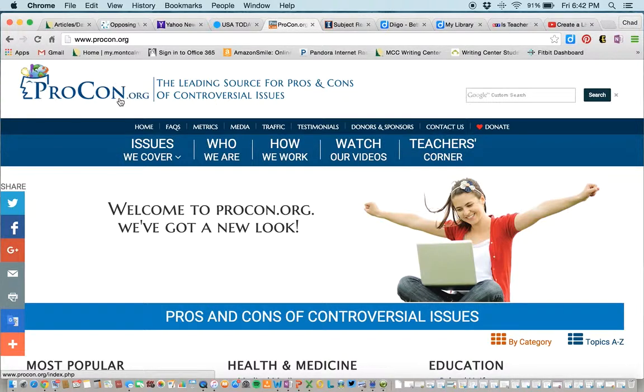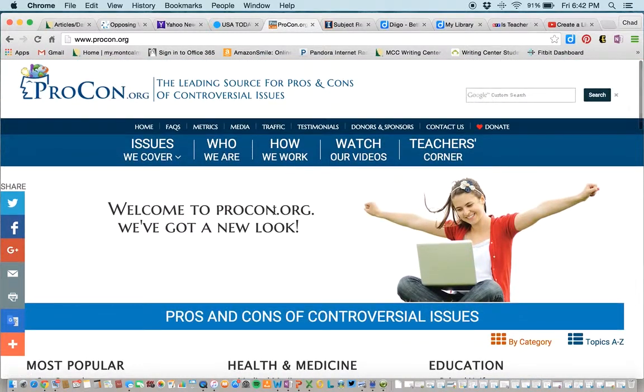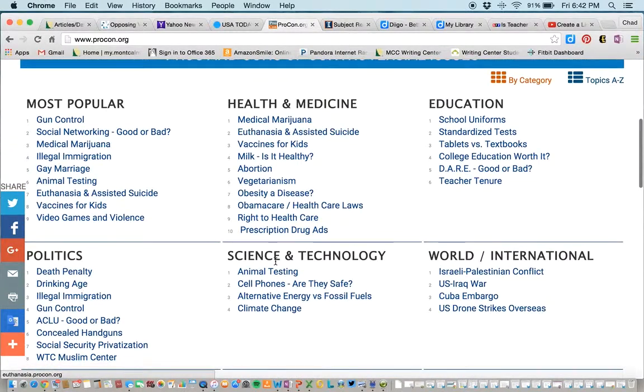Another great site, both for probably finding information for this paper, but also for generating topic ideas, is procon.org, which is a site whose whole purpose is to show pros and cons of controversial issues, to help us to think about all the different angles that some of these complex issues involve.